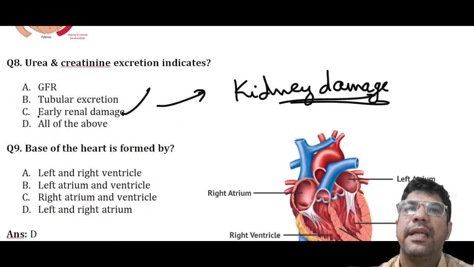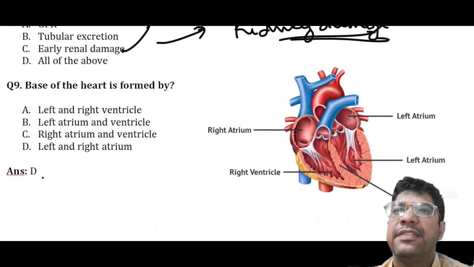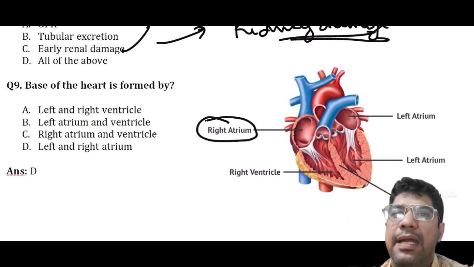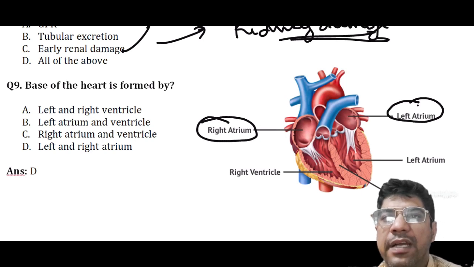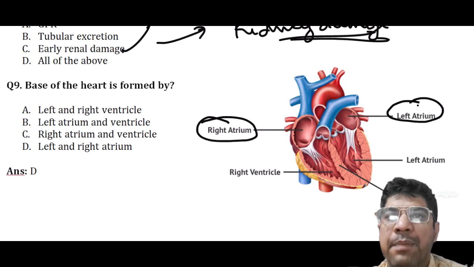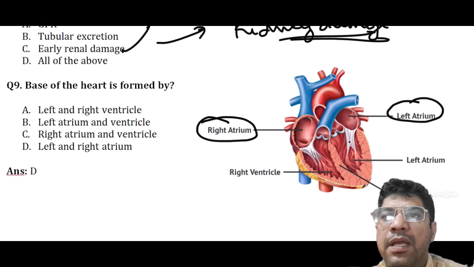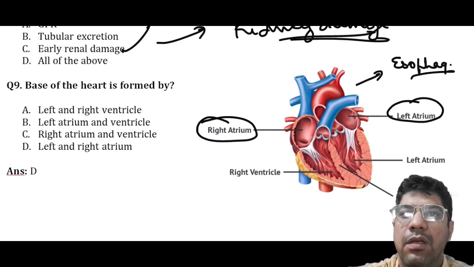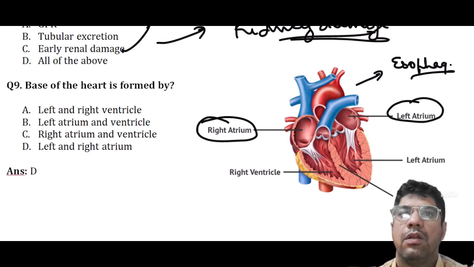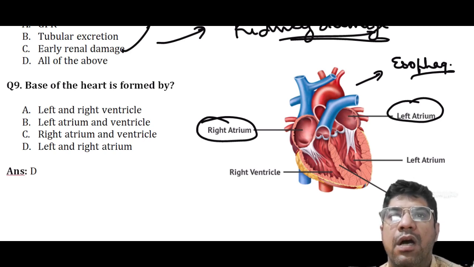The base of the heart is formed by the right atrium and left atrium. The base of the heart is the top part, and it is separated from the rest of the thoracic cavity by structures like the esophagus, aorta, etc. Think of the heart like a house.